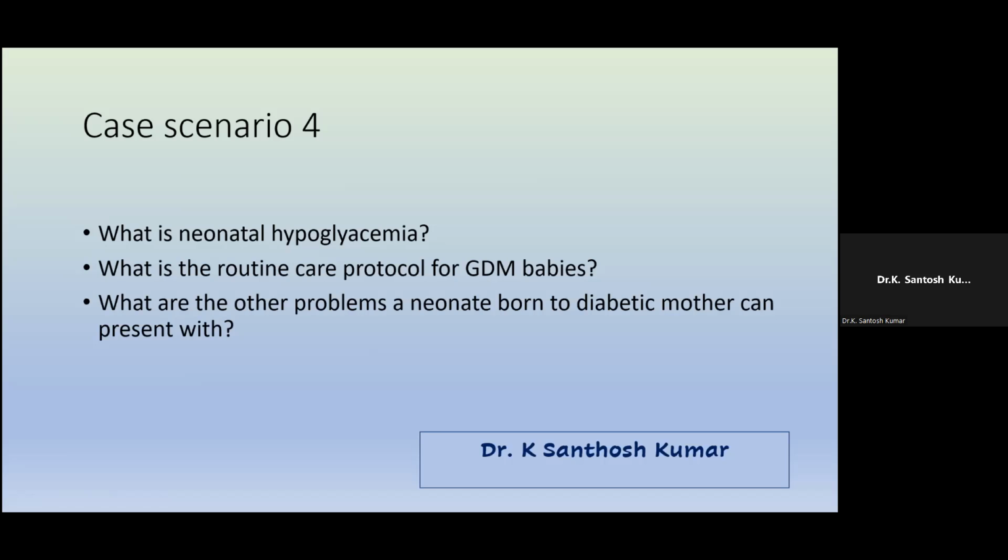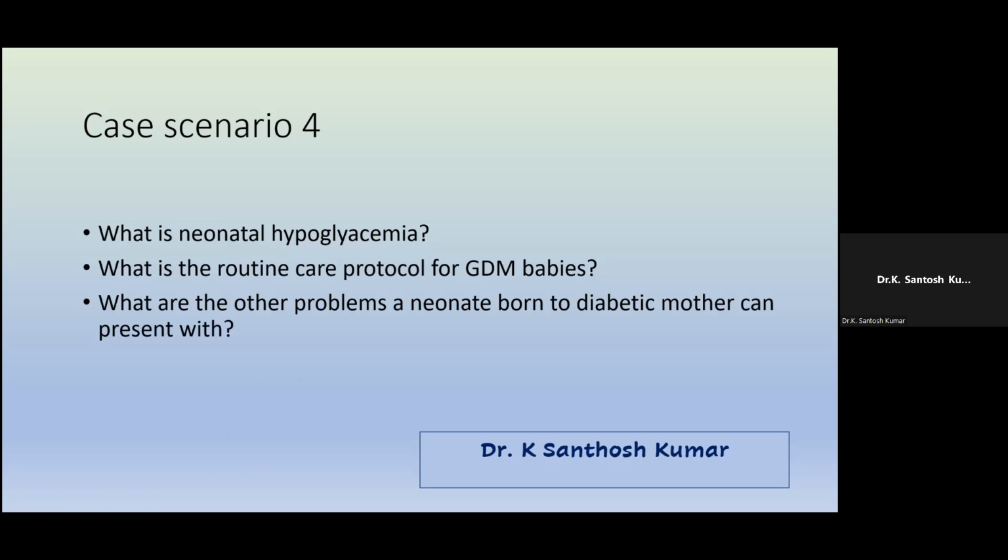With hyperviscosity, the chances of the child developing thrombosis also increase, and the child can have renal vein thrombosis and cortical vein thrombosis. Apart from that, there are other metabolic problems which develop primarily because of the parathormone response in the baby.